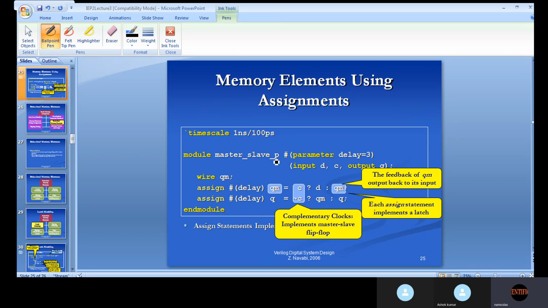Okay, you have master slave flip flop, parameter delay is 3 seconds, input D, C and output is Q, and here QM is nothing but the feedback of QM output back to its input, and here each assign statement implements a latch. So here we are using complementary clocks. These complementary clocks implement the master slave flip flop.